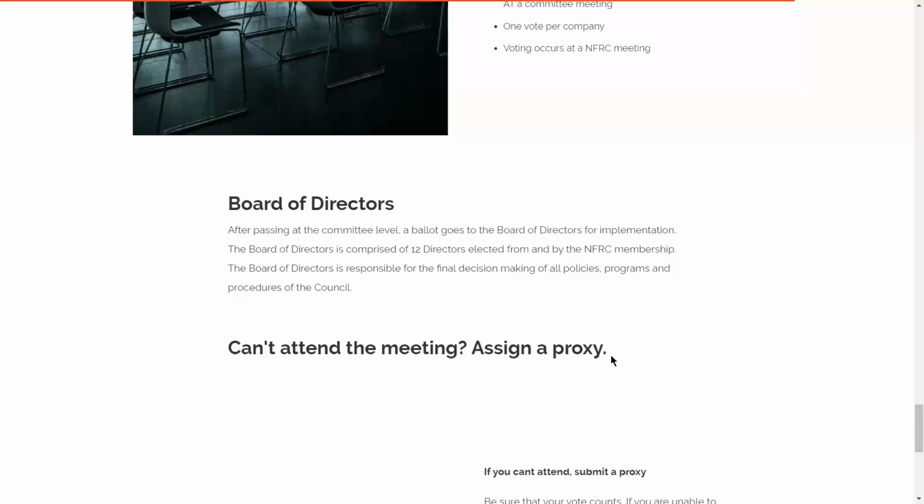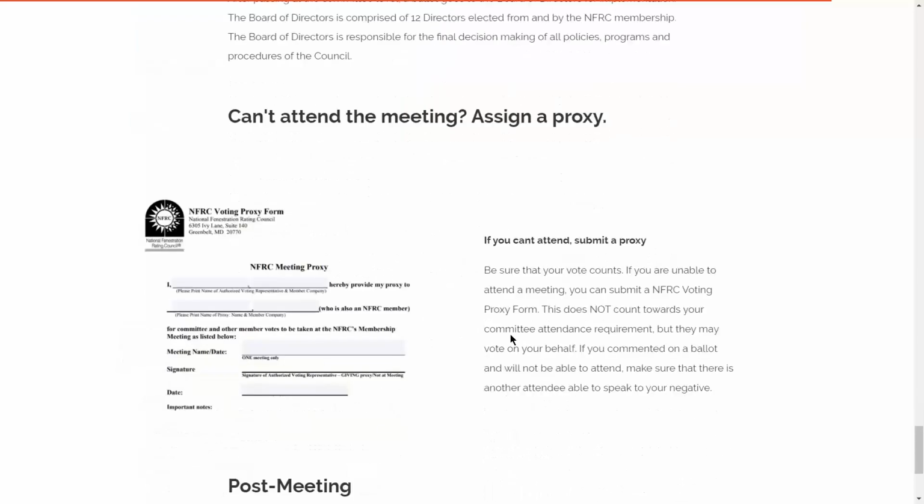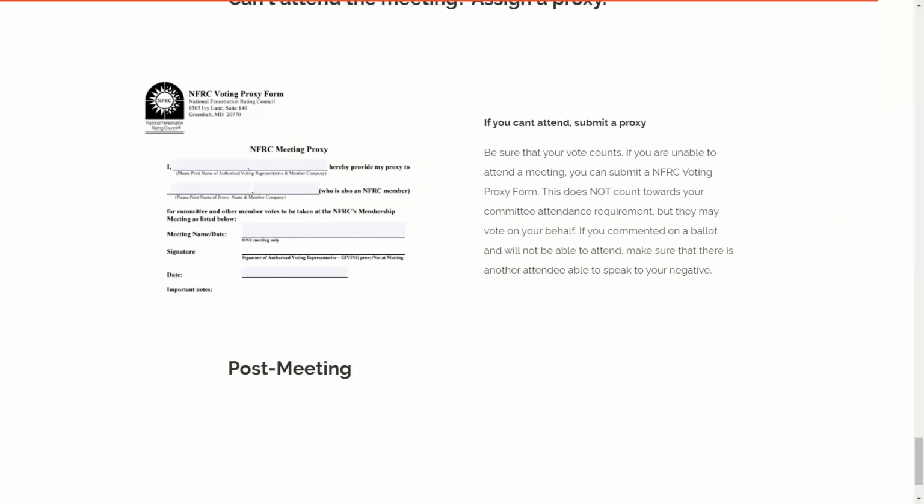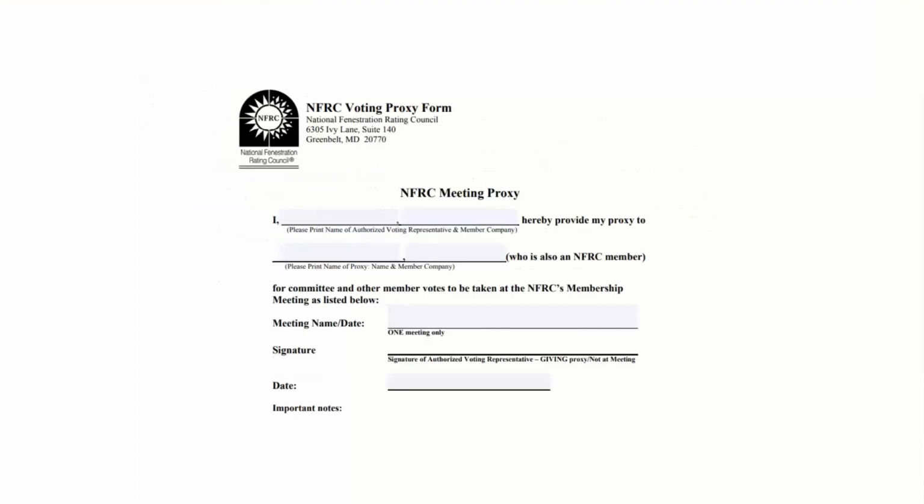Now we know that at all times members cannot attend every different association's meeting that happens during the year. To make sure that your voice is heard and your vote counts, NFRC does have a policy that allows for a member company to be a proxy. There's a specific form that needs to be filled out, and you provide that to NFRC so the attending member company can be your proxy.